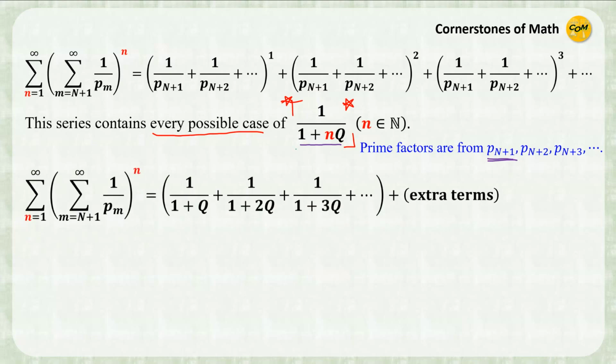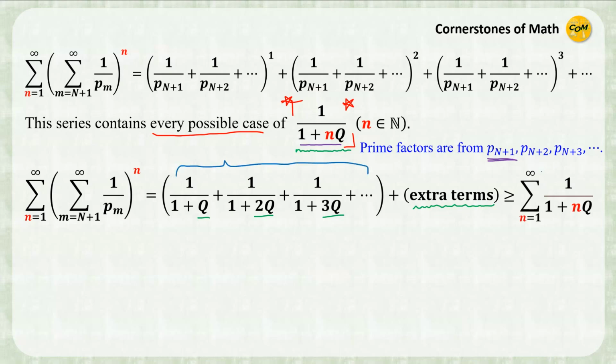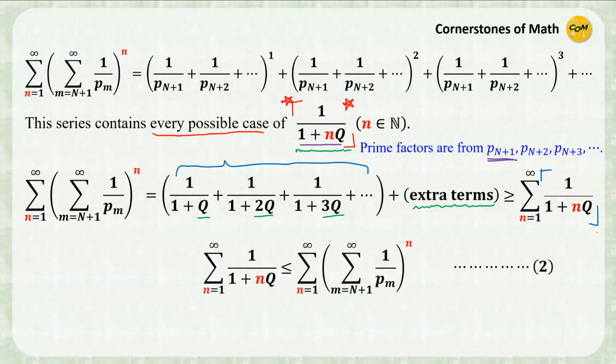This series contains all the reciprocals of the form 1 over 1 plus nq, hence 1 over 1 plus q plus 1 over 1 plus 2q plus 1 over 1 plus 3q and so on, plus some possible extra terms that do not fit into any of 1 over 1 plus nq. This is greater than or equal to this series at the front, which is the infinite series of 1 over 1 plus nq. And this is our second inequality.